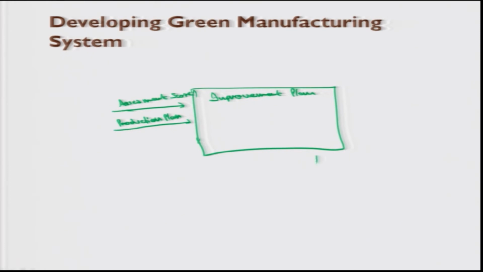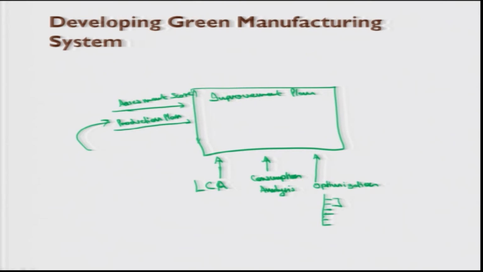Now we can do LCA, life cycle analysis, and maybe consumption analysis. Optimization may be carried out of all the available choices to do this production. Best practices may be chosen.